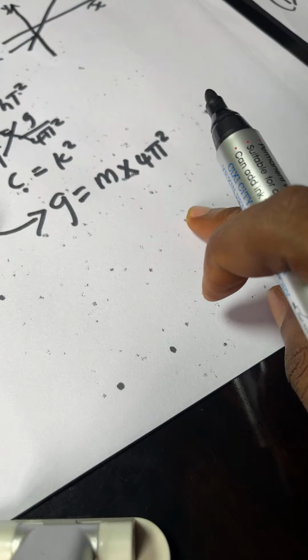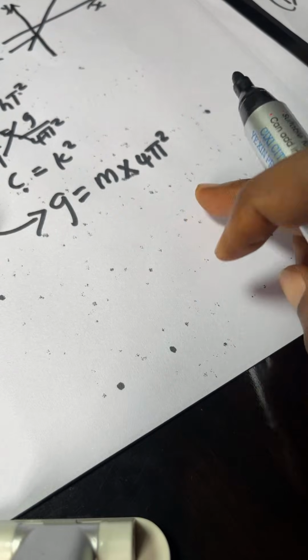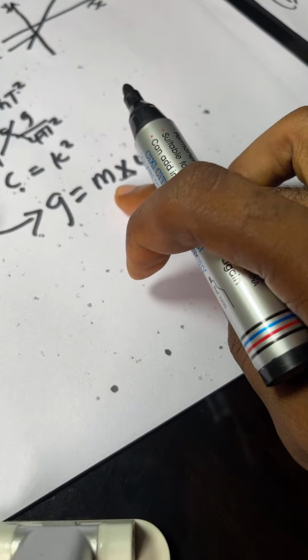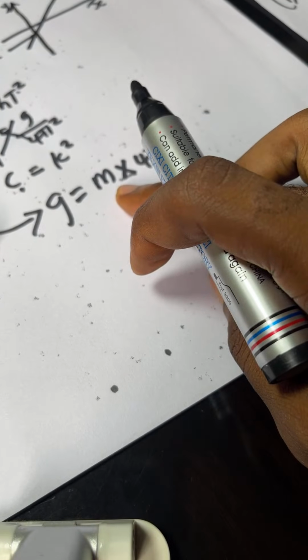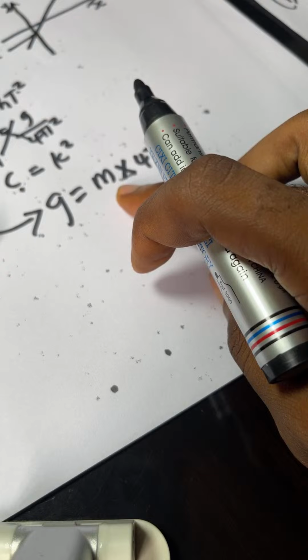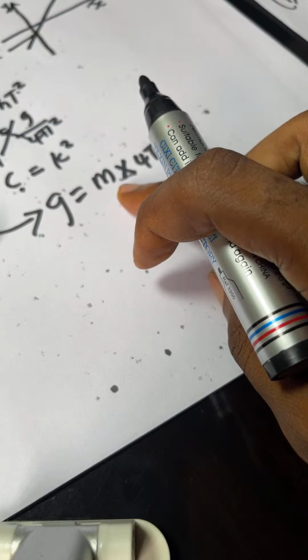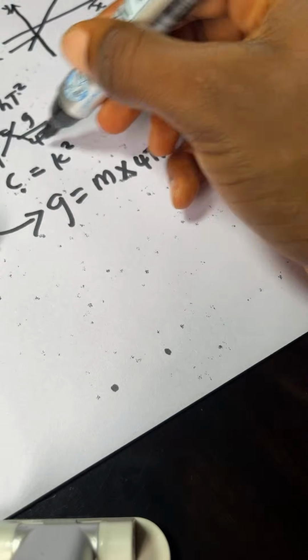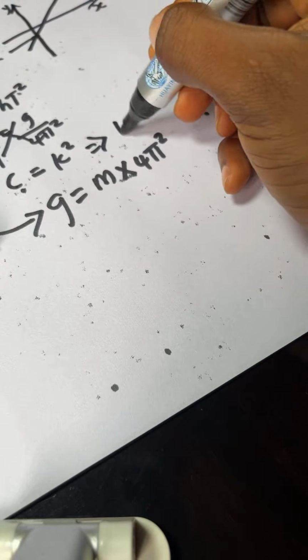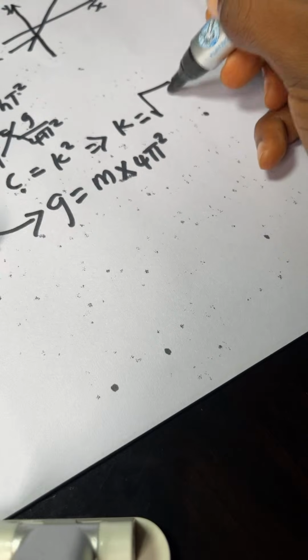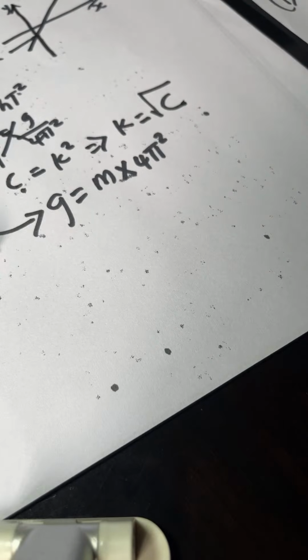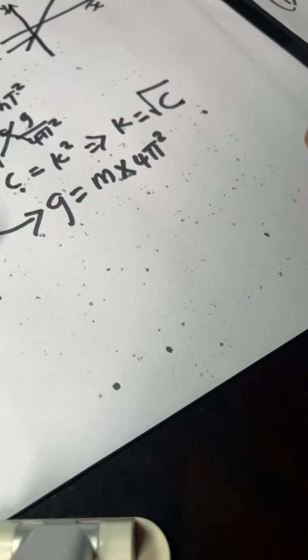After converting it, you see that our m will be multiplying by what? Radius of gyration is k, not k squared. So we are moving this guy here. Please don't be confused. Therefore, my k will be equal to the square root of c. Simple. Do you understand now?